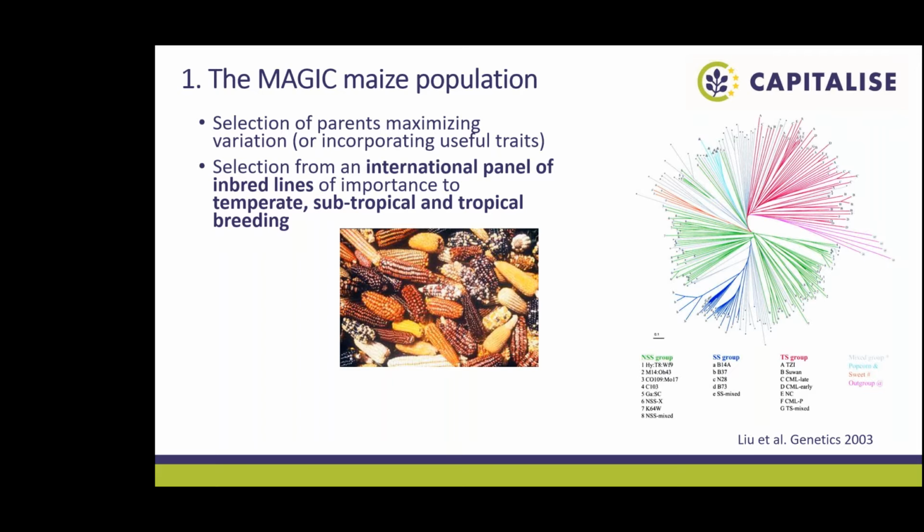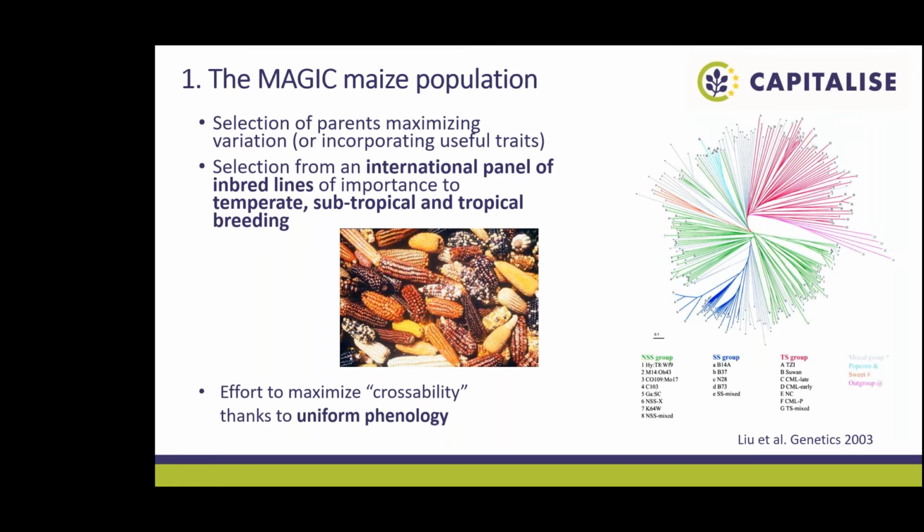As an outcome, the authors suggested the creation of core groups to maximize the representation of genetic diversity within this collection. This was one of the starting points of the MAGIC maize population, and the selection was made according to the principles and outcomes of this work.